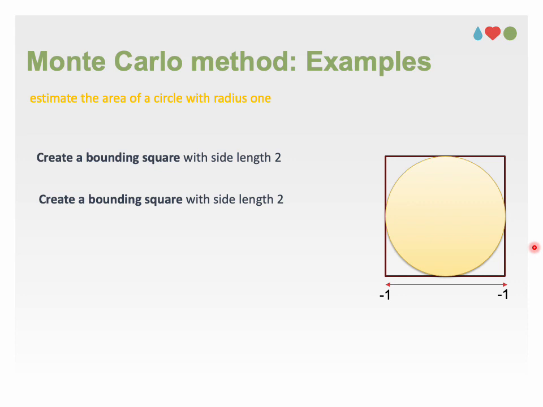The first example is about estimation of the area of a circle with radius of 1 or diameter of 2. We use the Monte Carlo method by generating random points within a bounding square.